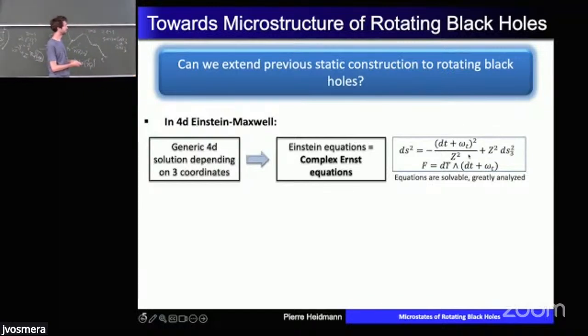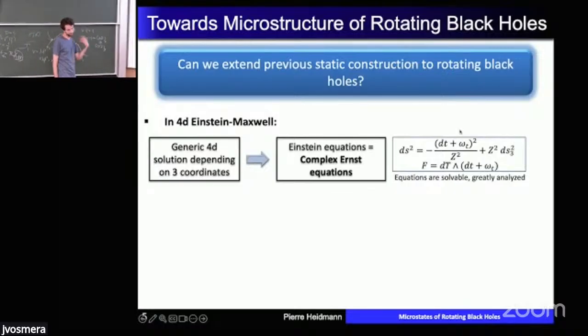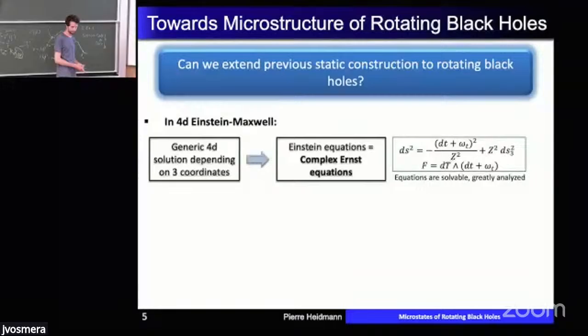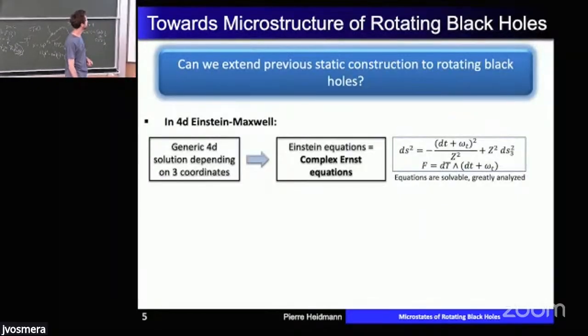In a sense, you have more fields. You have the Z, the same guy, T, the same guy, but you have the one-form omega_t. For 4D Einstein-Maxwell, Ernst has also studied that. It gives equations which are similar in mathematical structure, but it's just a complex potential now. But at the very end, it has been studied a lot, and everything has also been pretty successful.